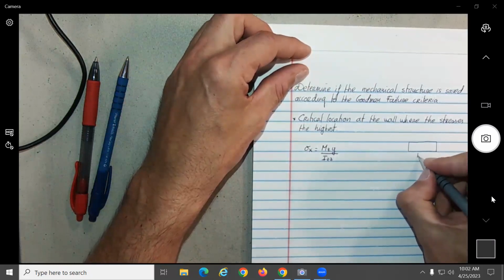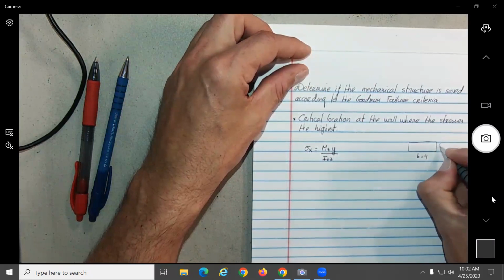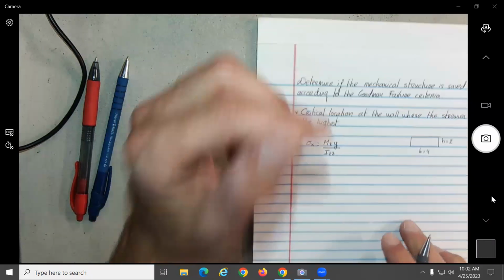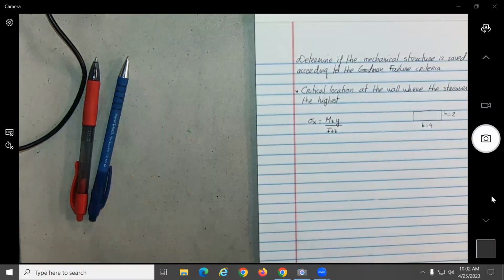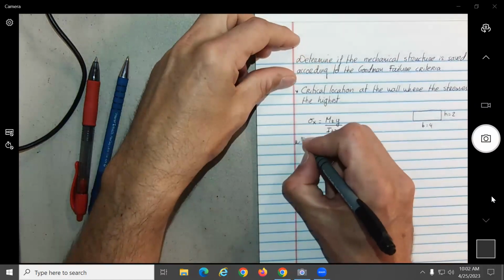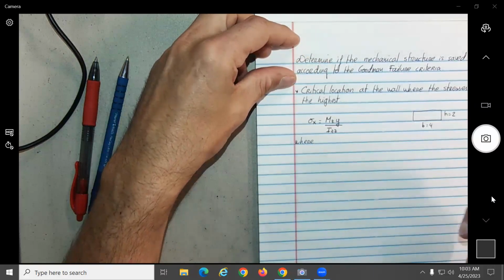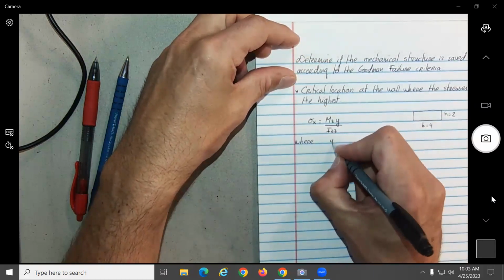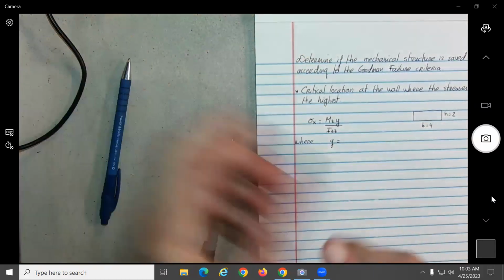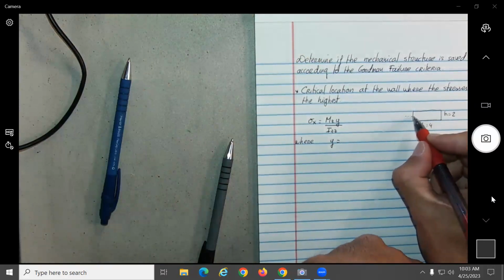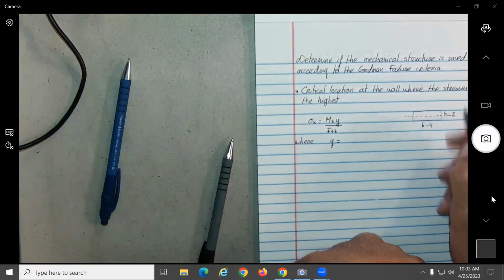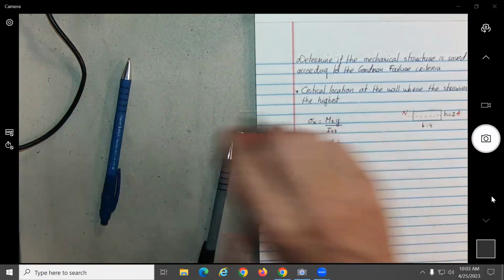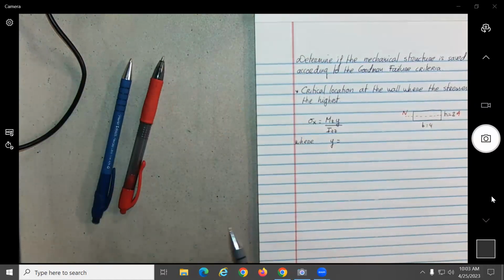Let's say B equal to 4, H equal to 2. I'm going to try to keep it symbolic for as long as I can. In this case, the neutral axis is in the middle, symmetric.